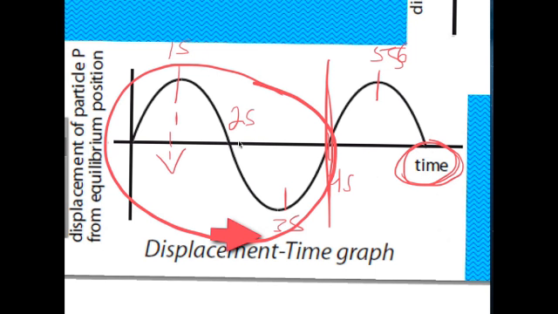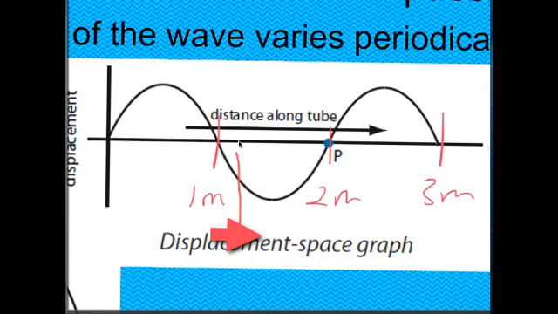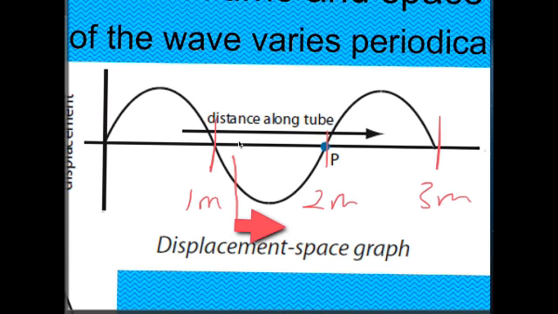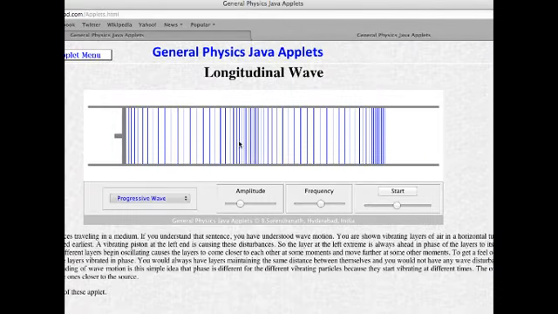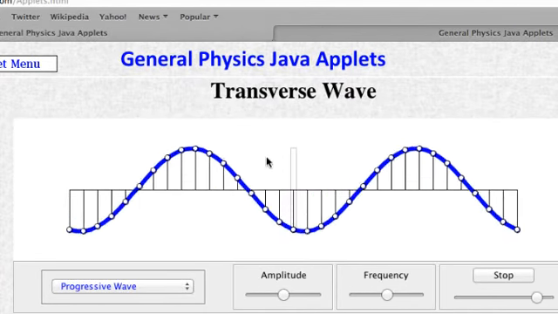And it's important to be able to distinguish between the displacement time graph, which is what we have here, and the displacement position graph here, because our displacement time graph is at a given space. Our displacement space graph is at a given time.